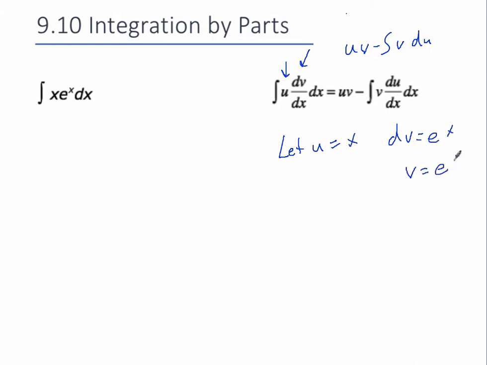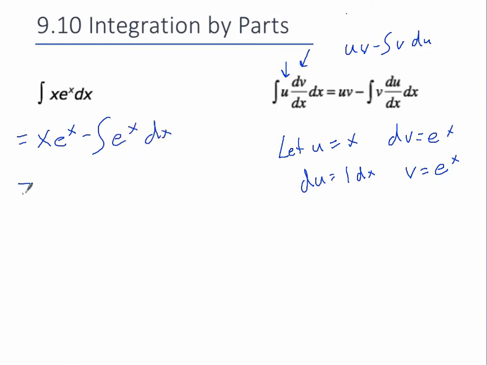So if I integrate, I get v, so v equals e to the x, and du equals just 1 dx. So that means this integral is equal to uv, so you just do u times v, so that's x e to the x, minus the integral of v du, so it's straight across here, so it's going to be just e to the x.